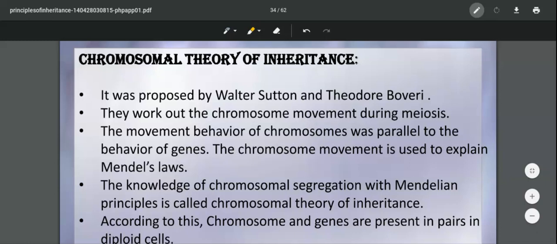And finally, when they were convinced, they argued that the pairing and separation of a pair of chromosomes would definitely lead to the segregation of genes or factors, because these genes or factors are carried on the chromosome.